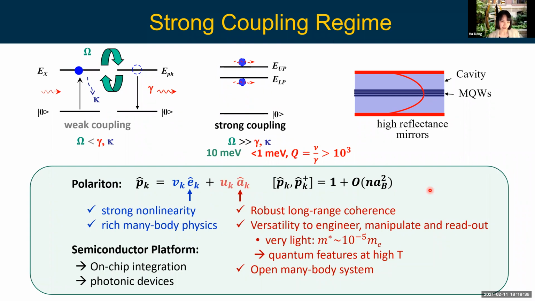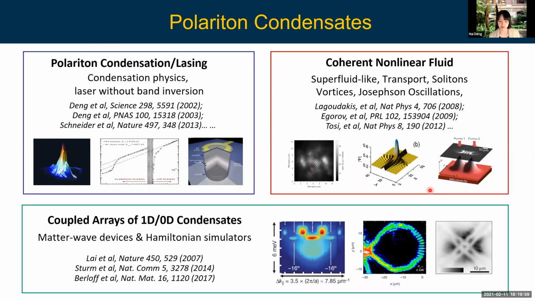People have done a lot with those systems to look at, for example, oscillations, and there are a lot of very interesting theoretical proposals to create arrays of such structures to build a Hamiltonian simulator, which could be a classical or a quantum Hamiltonian, and to build matter-wave devices that have both long-range coherent transport and strong interaction for information processing.